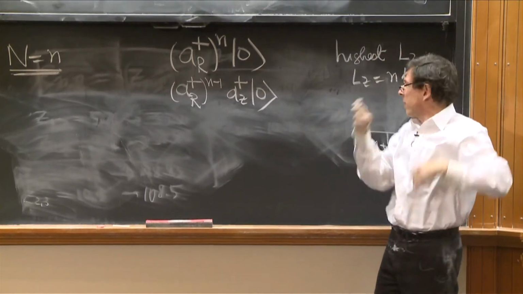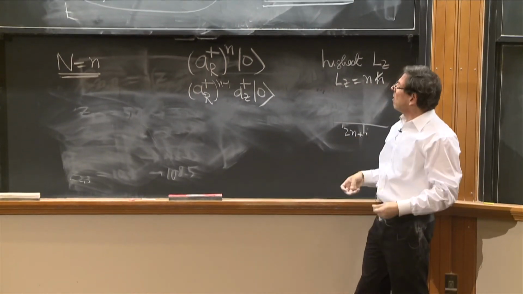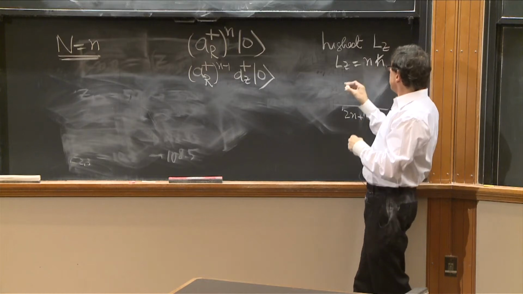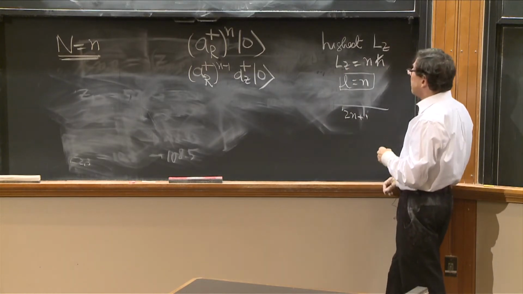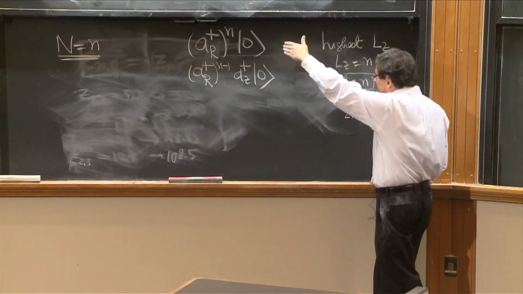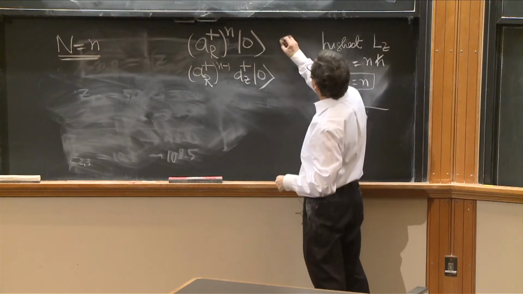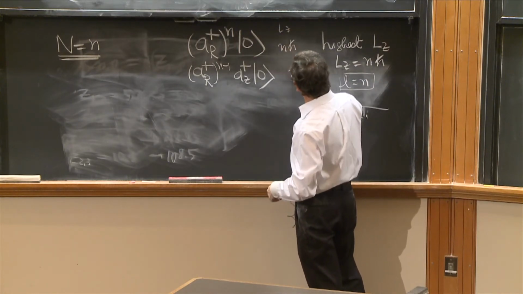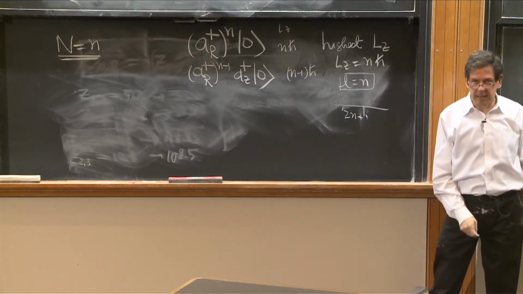This multiplet with highest value of L, which is equal to n, corresponds to an angular momentum L, little l, equals n. And then it must have these 2n plus 1 states, and here is the second state. So this is Lz equals n h bar, and here n minus 1 h bar. And I don't think there's any other state at that level.